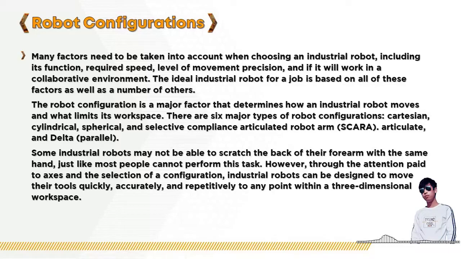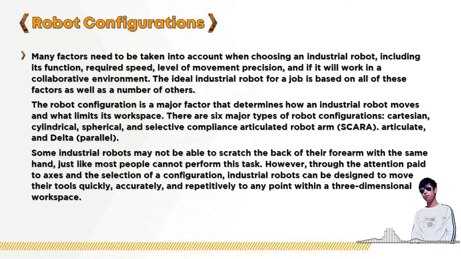One of the major factors which determines how an industrial robot will move and what limits its workspace is its robot configuration. There are six major types of robot configurations: Cartesian, cylindrical, spherical, selective compliance articulated robot arm or the SCARA, the articulated, and the delta or the parallel.